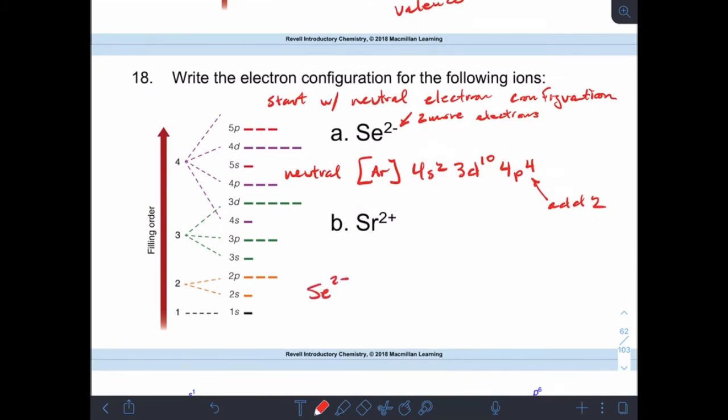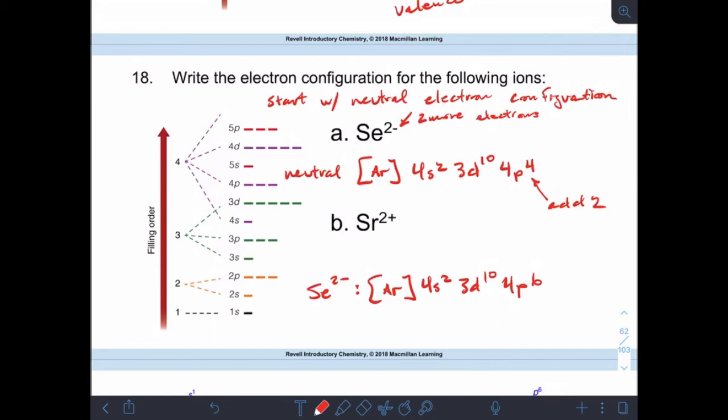Selenium 2 minus will have exactly the same electron configuration as regular selenium, but I add 2 more electrons to my highest level. So my 2 minus will say argon, 4s2, 3d10, 4p6.